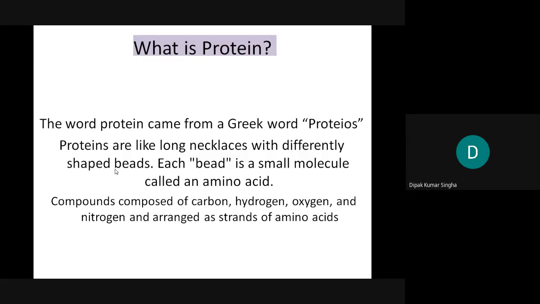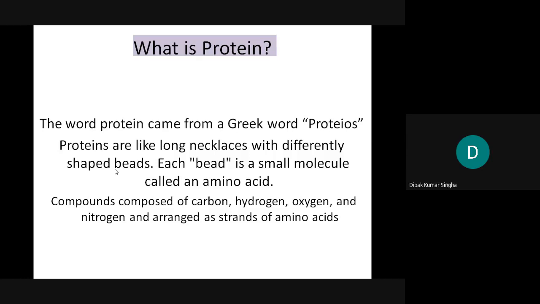These are the basic chemical composition. They must contain carbon, hydrogen, oxygen, and nitrogen, and sometimes sulfur or phosphorus may be present in the amino acid as well as the protein.